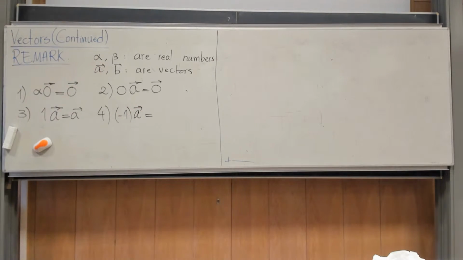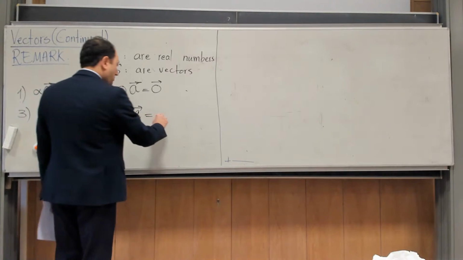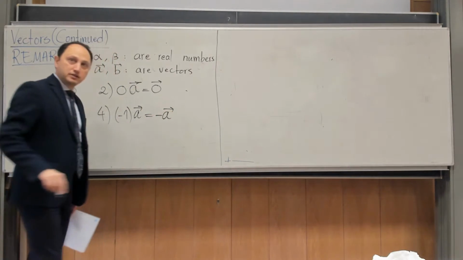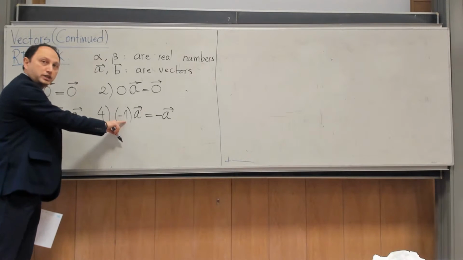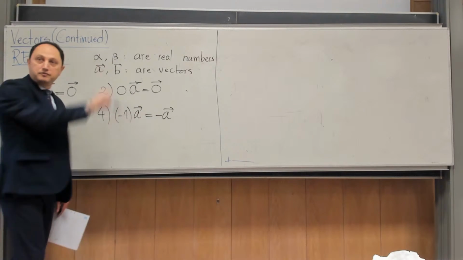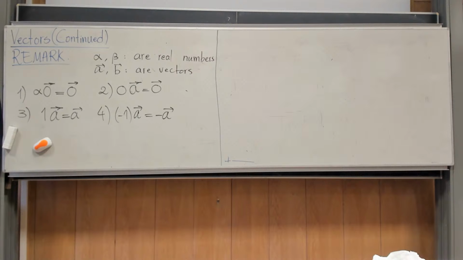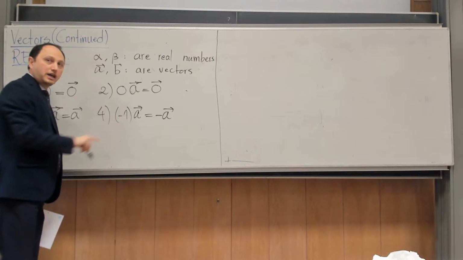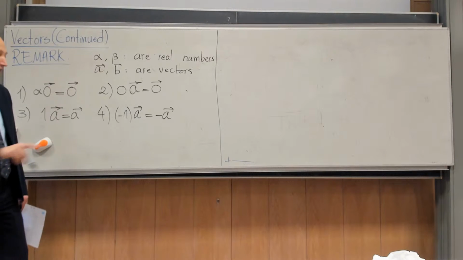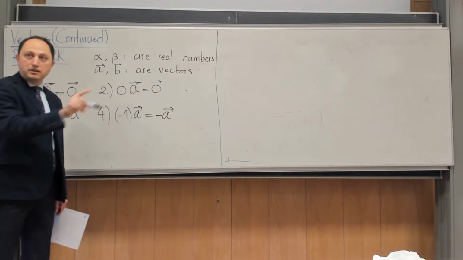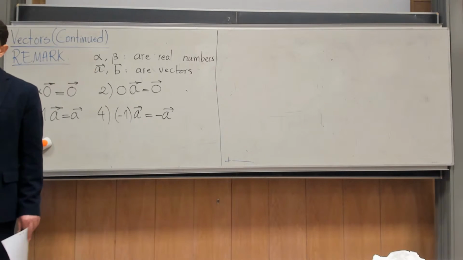Negative a. You might say this is trivial. It is not. We'll learn today how to do this. We knew about this in the previous session. I told you how to draw the opposite vector. Today, I told you how to multiply a vector by a negative number. If you do these two things together, you will see that the answers are the same.